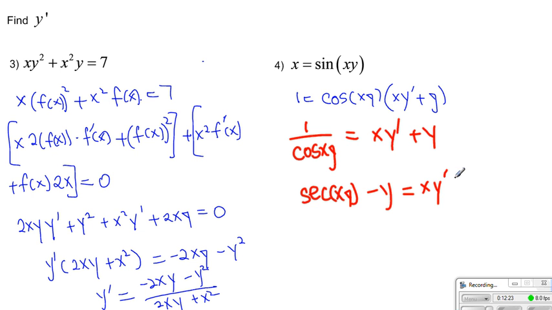Now, finally, to get y prime by itself, we can divide by x. Therefore, we have secant of xy minus y, the entire thing divided by x, equals y prime. Alright, so that is our answer.